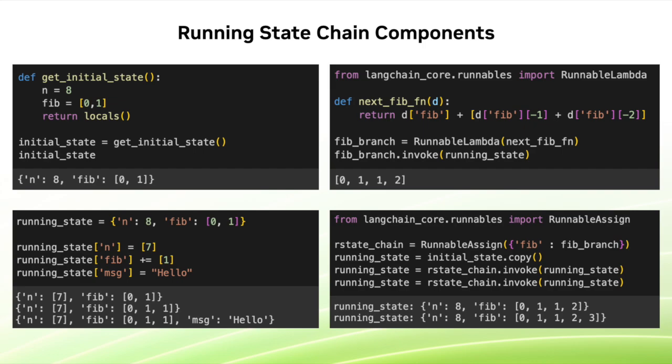Now that we've defined branches, we can then formalize a running state chain as a chain that runs branches and then, based on the output of the branches, updates its running state. This is what we'll call a running state chain, because it starts with an initial state, adds more values or mutates the values of the initial dictionary, but doesn't actually lose all the information.